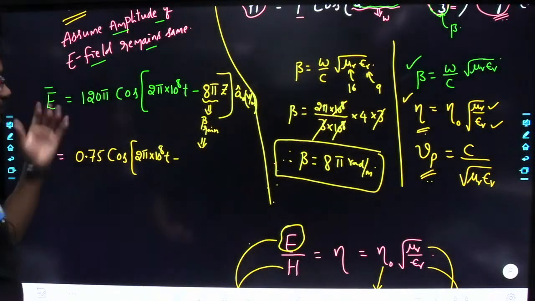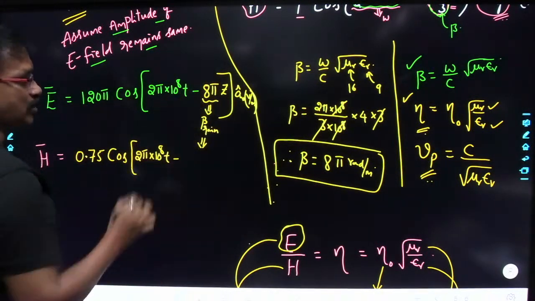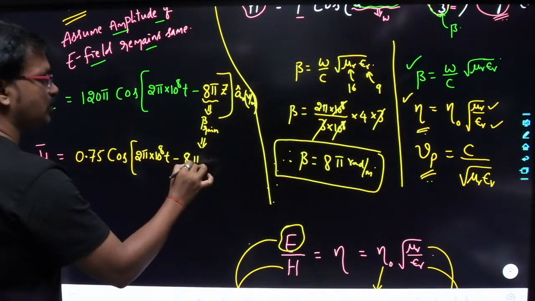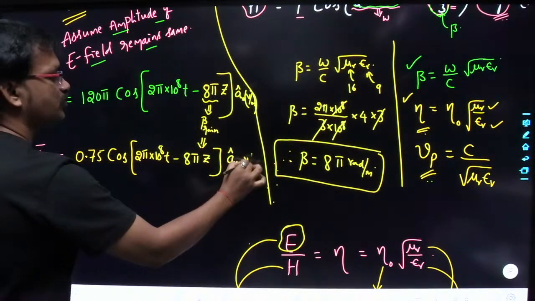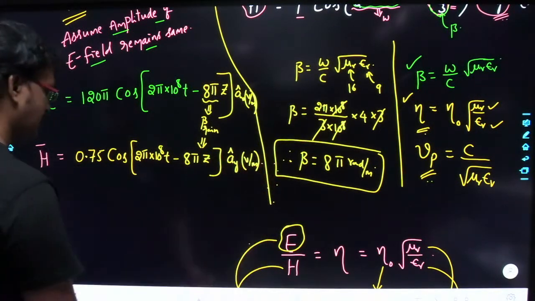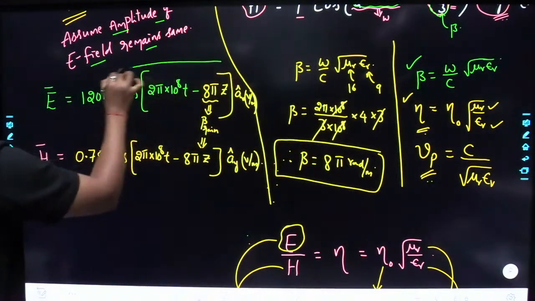In rain, due to heavy rain, beta value has also been changed. What beta value did we get? 8 pi. So 8 pi into z, ay cap volt per meter. So these are the new expressions for electric field and magnetic field.